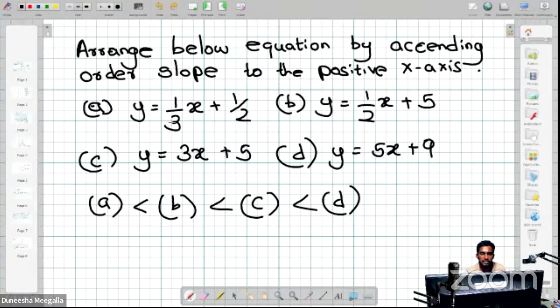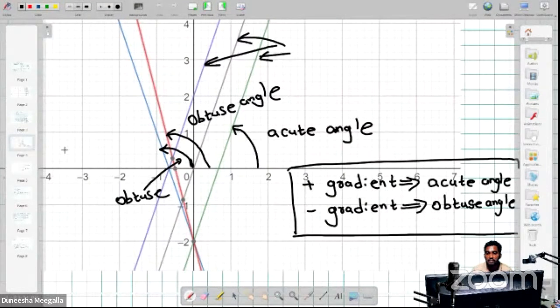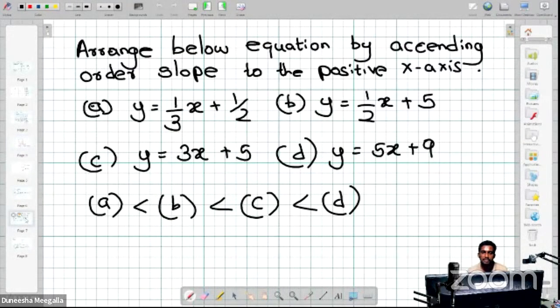What is the producing angle? Gradient එක plus නම් මොකද්ද හදන angle එක? Acute angle නේ.